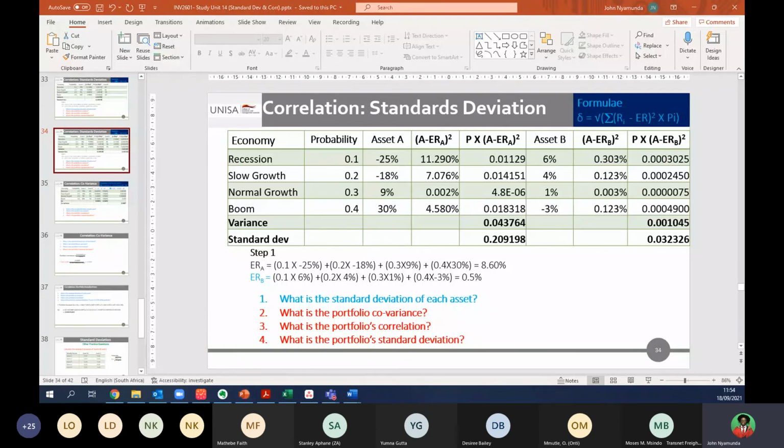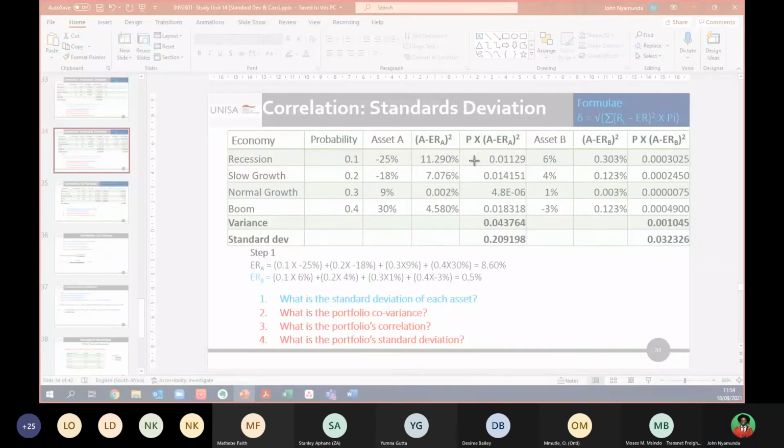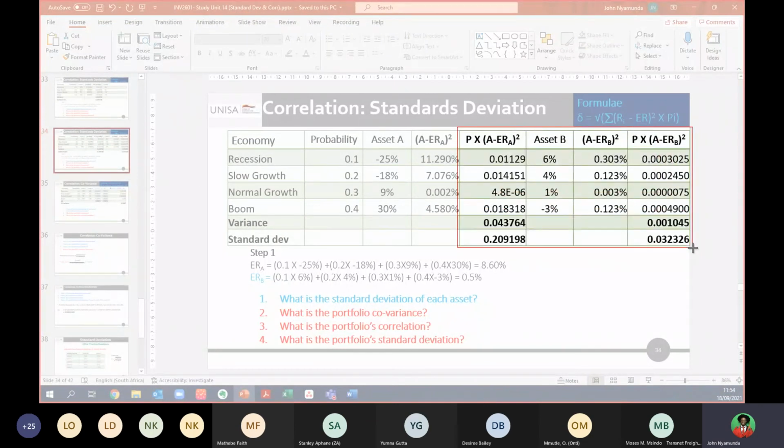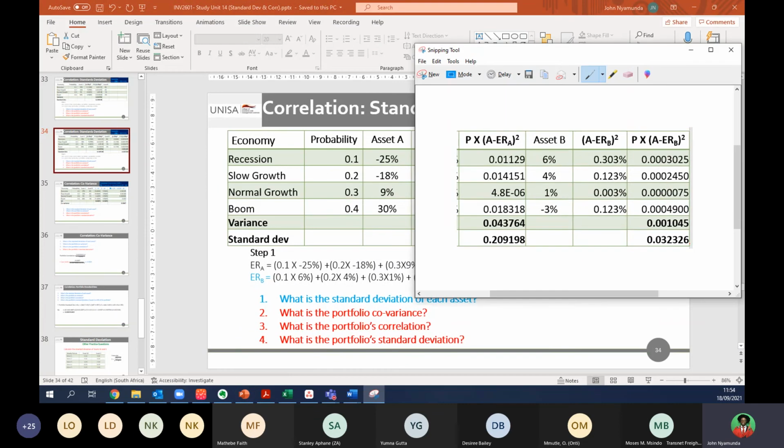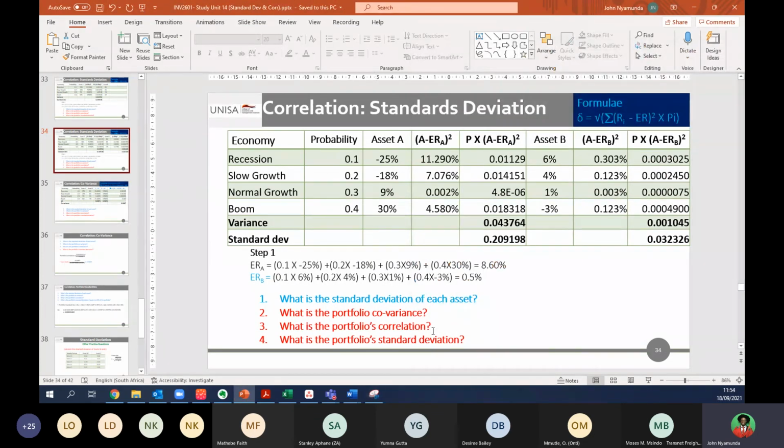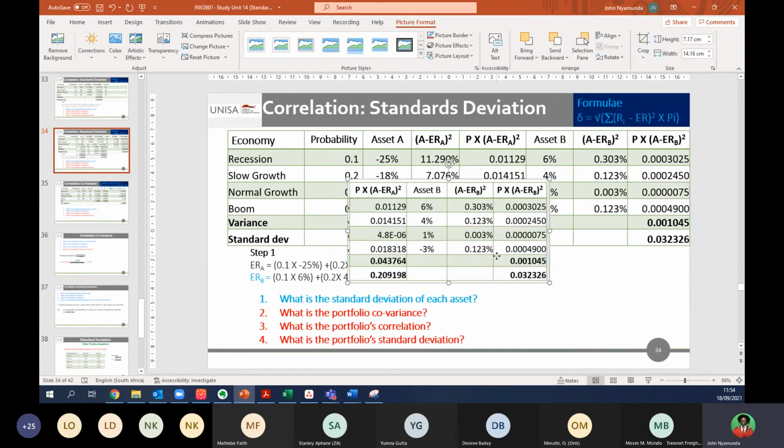I want to show you the standard deviation because you need it here. So let's see if it will work. Yes, it should work.